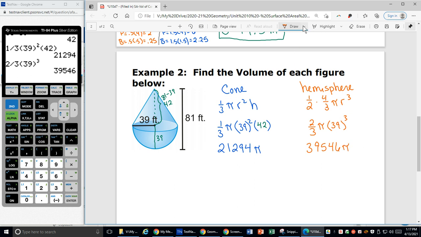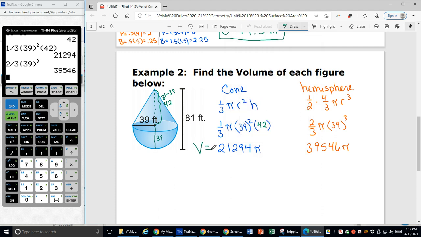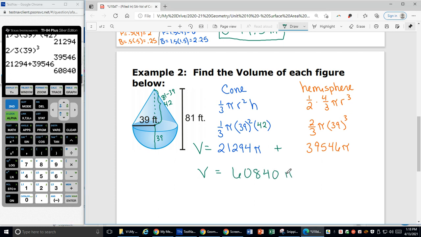So my total volume then is going to be the sum of my two pieces, my cone and my hemisphere. So I'm going to add 21,294 pi plus 39,546 pi. That's going to give me 60,840 pi. A lot of pies.